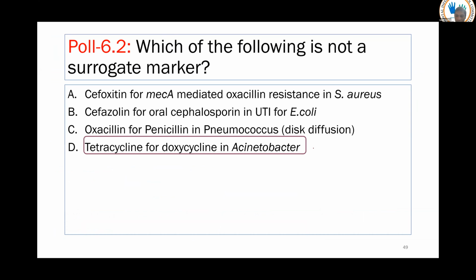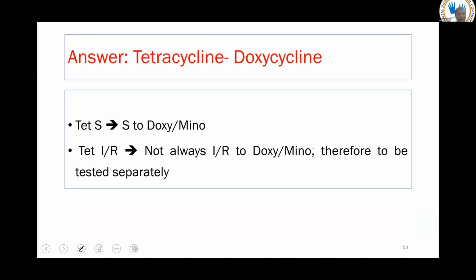So what do you mean by surrogate marker? That I will tell a little later. First, why are doxycycline and tetracycline not surrogate markers for Acinetobacter? The reason is, if tetracycline is sensitive, you can consider it as sensitive to doxycycline, but the vice versa is not correct.